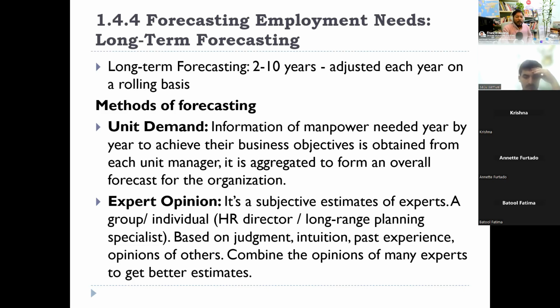So by doing this unit demand and expert opinion, what is the outcome? By utilizing both unit demand forecasting and expert opinion forecasting methods, manufacturing company X gains insights into its long-term manpower requirements.